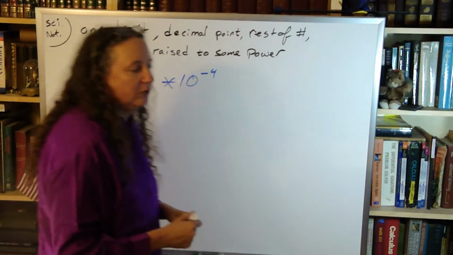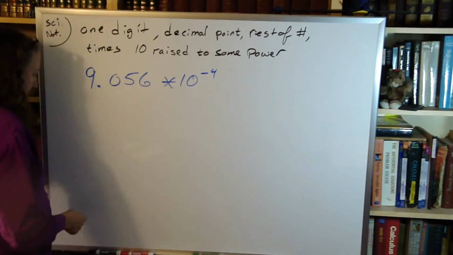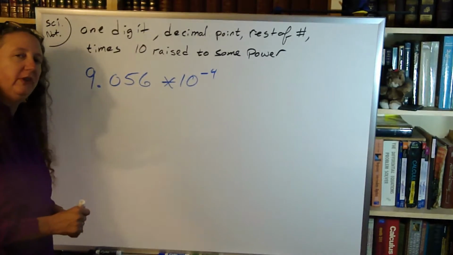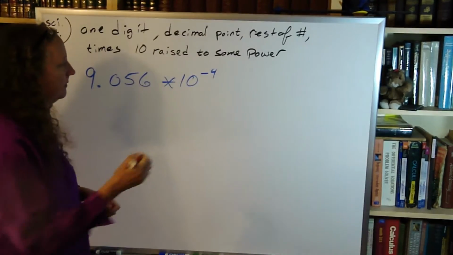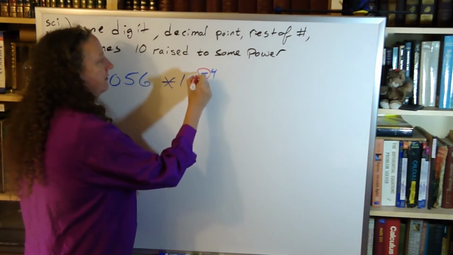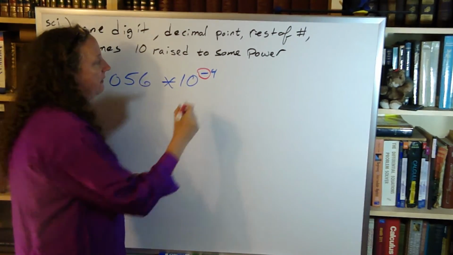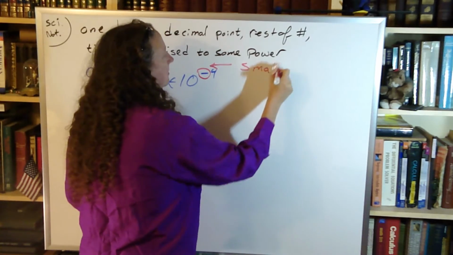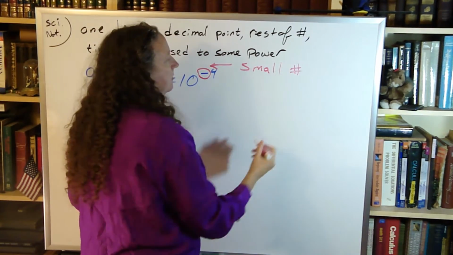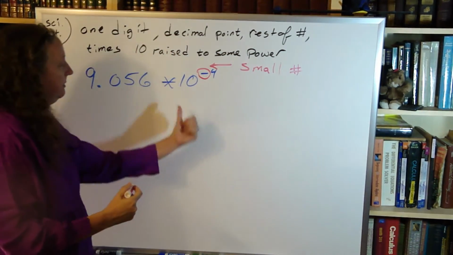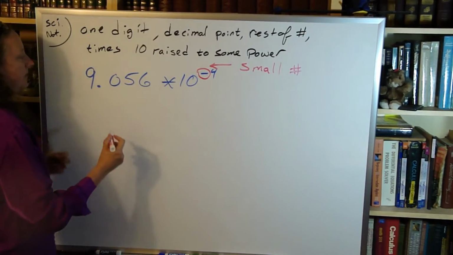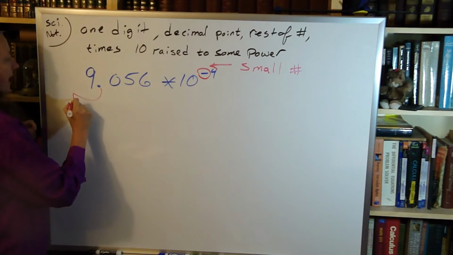And we are being asked to write this in standard notation. So one of the first things that I'm going to notice about this, I have this negative sign here. That is telling me it is going to be a small number, which means that I'm going to be moving my decimal point to the left. So I'm going in that direction.